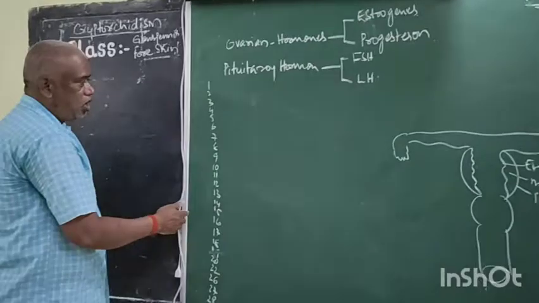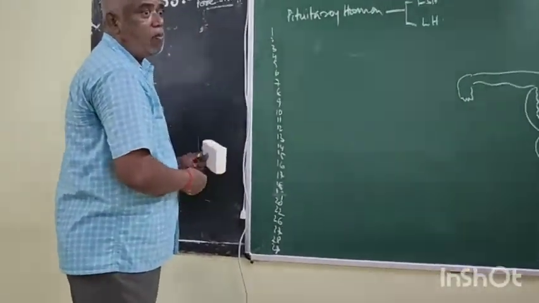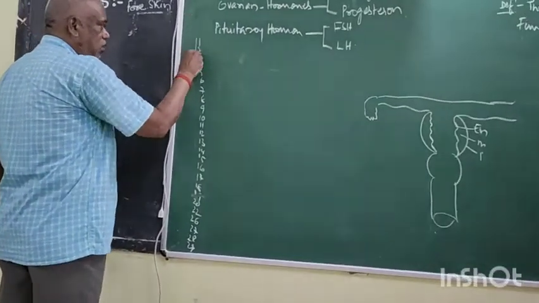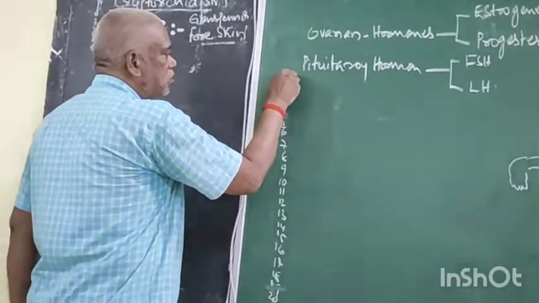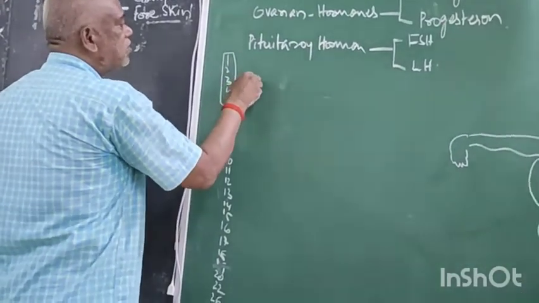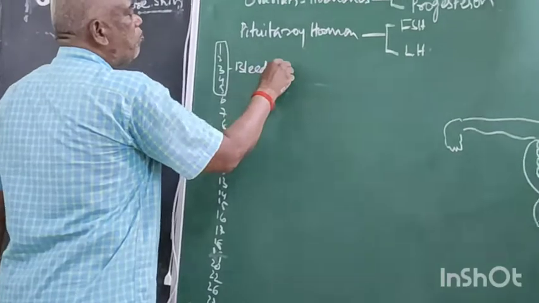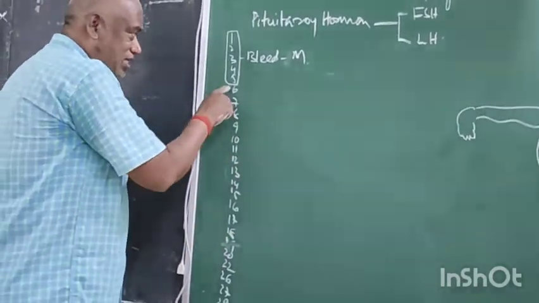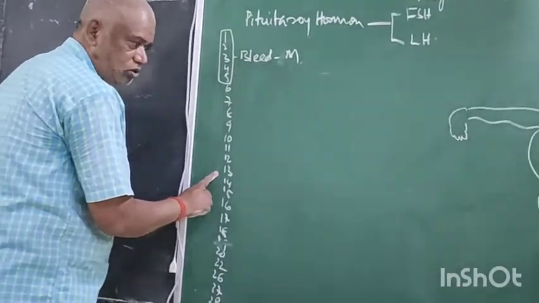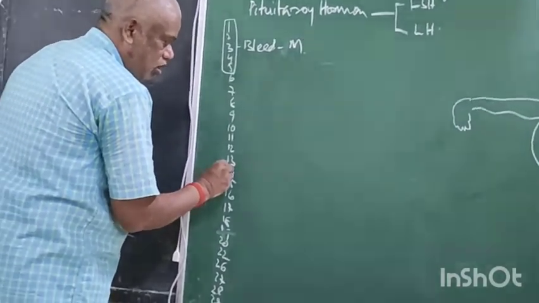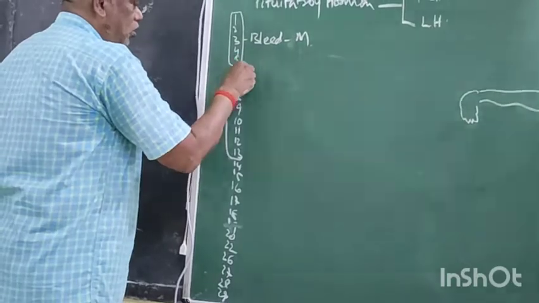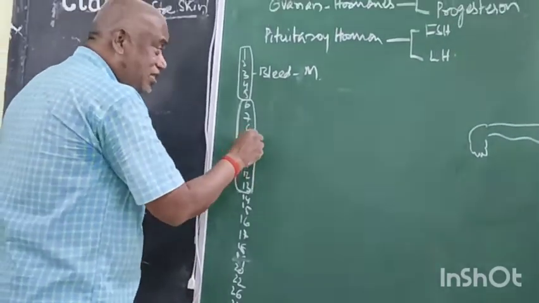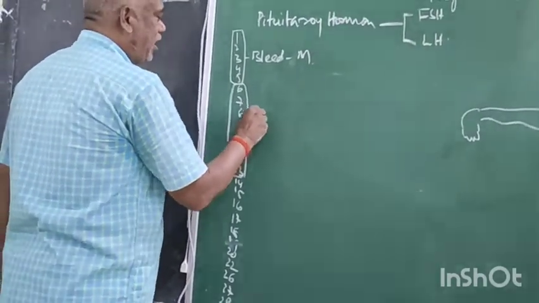Among these 28 days, this is the bleeding phase or menstrual phase. This is the follicular phase.